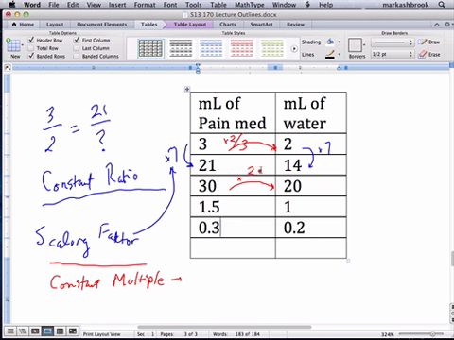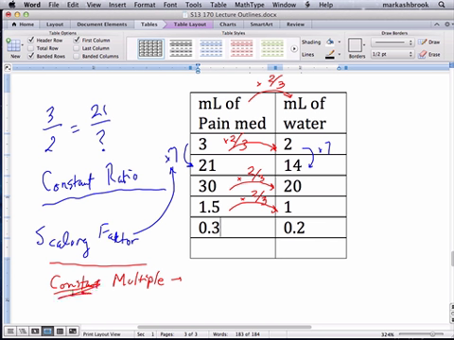Is it 2/3? Yep. What do I multiply 1.5 by to get 1? 2/3. What do I multiply the milliliters of pain medicine by to get the corresponding milliliters of water? 2/3.